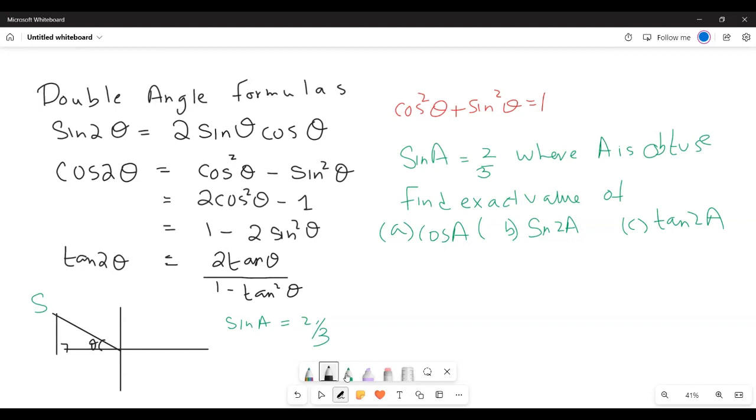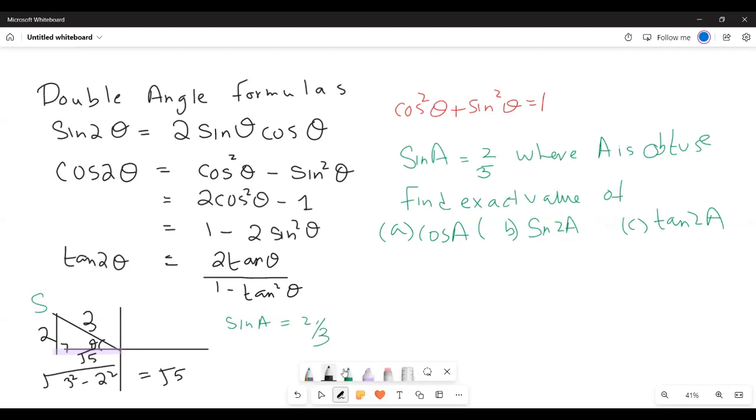This is theta. So sine is perpendicular over hypotenuse. So that would be 2, that would be 3. Use Pythagoras and find this length, which is going to be square root of 3 square minus 2 square, which is square root of 5. So this length is going to be square root of 5.